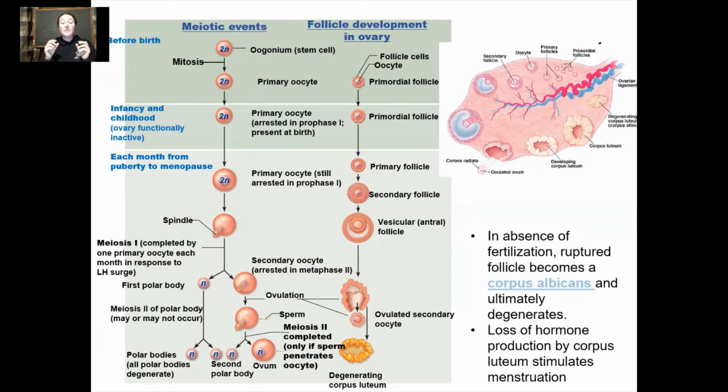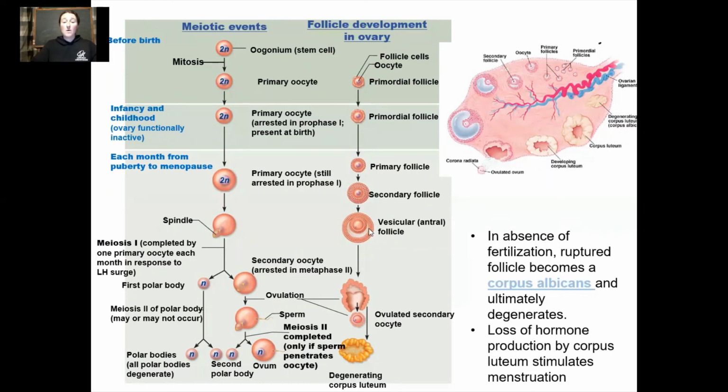Okay. Cells are going to differentiate into what are called thecal cells, and they are going to form a shell around the entire follicle. The granulosa cells are going to secrete lots of fluid, and those fluid-filled compartments are going to converge into one single antrum.